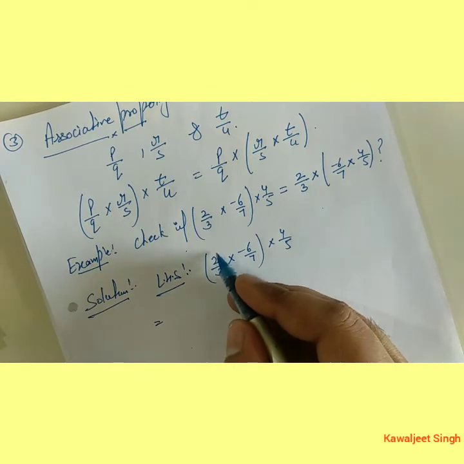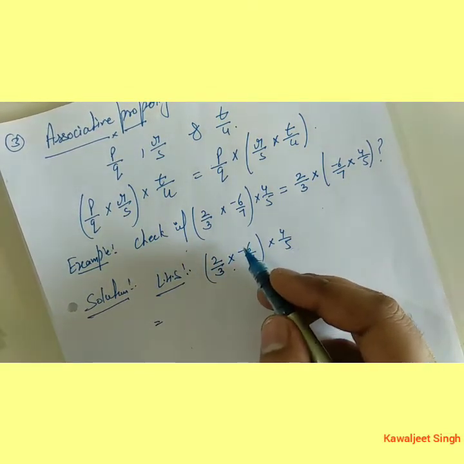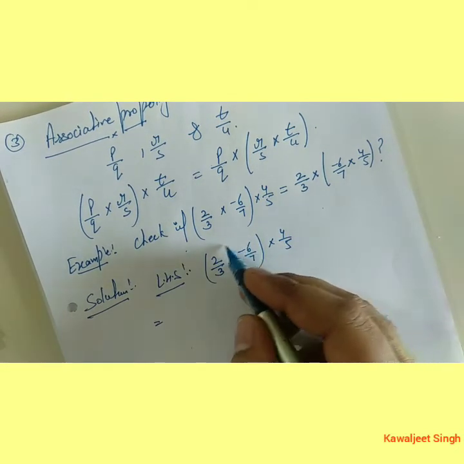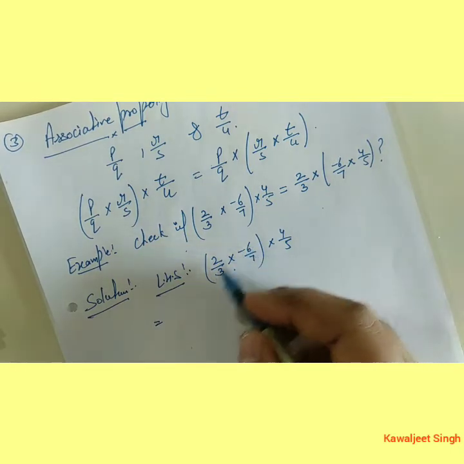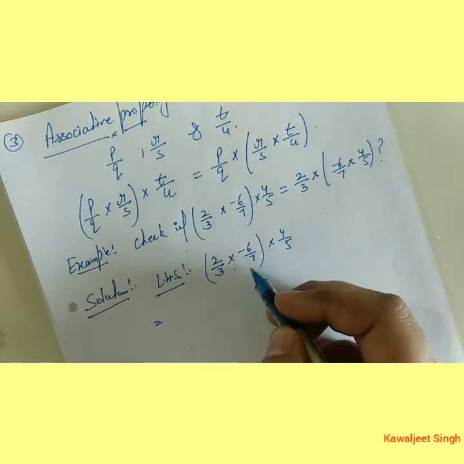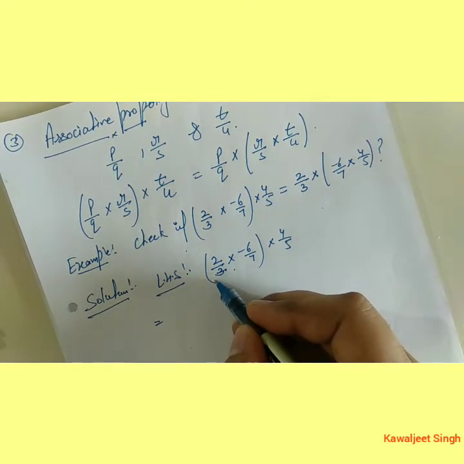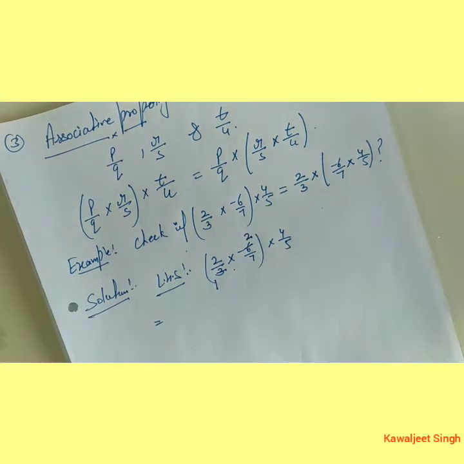Either we solve the bracket portion first then multiply with 4 by 5, or first cancel in this bracket any number that cancels with another. So 3 ones are 3, 3 twos are 6 here.